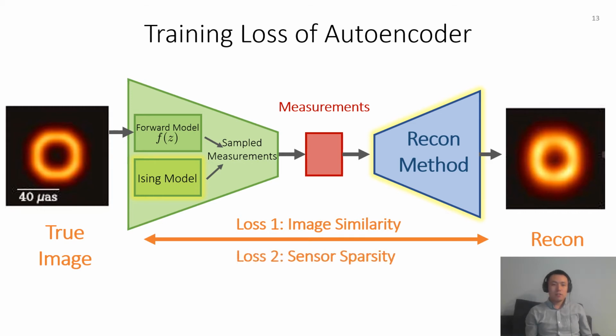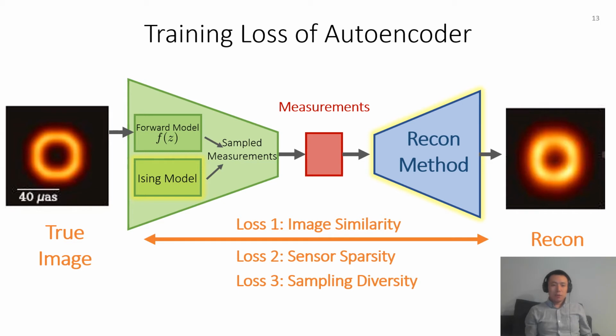First is the sensor sparsity, because we want to achieve accurate reconstruction with as few sensors as possible. The second is the sampling diversity. It is especially important because without it, the probabilistic strategy will collapse to a deterministic design.